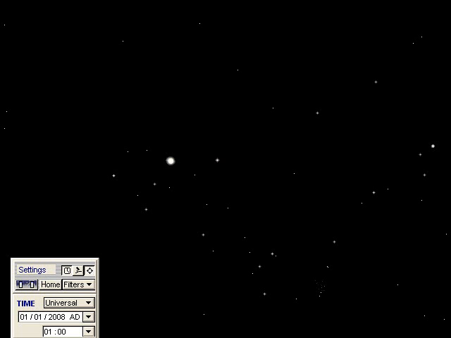So as I have mentioned, that as Earth is orbiting the Sun and Jupiter is orbiting the Sun, and we're passing it, we're also getting closer to Jupiter, which means that its size should change.